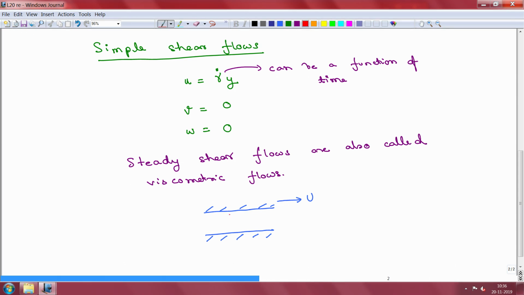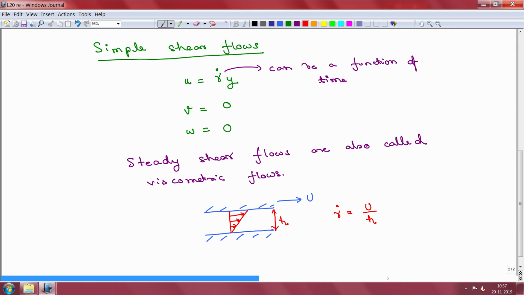In that case, the flow here will look like this in a laminar flow case, and if this is a height h, then gamma dot in this particular case is given by U over h for a steady flow system.